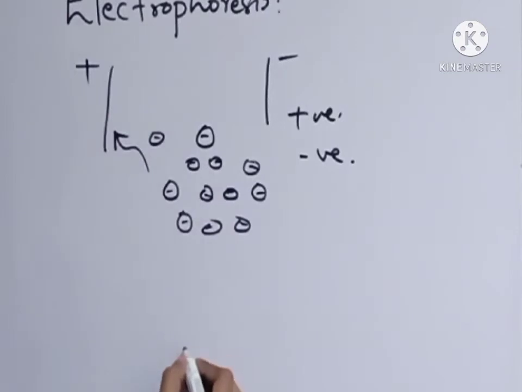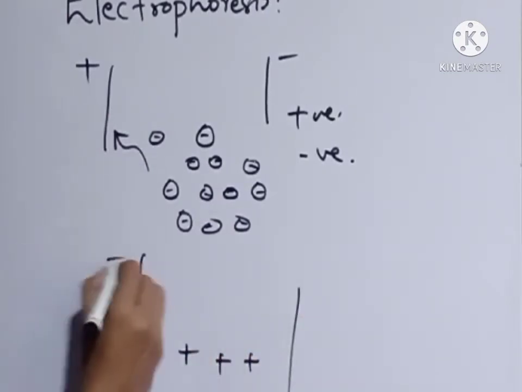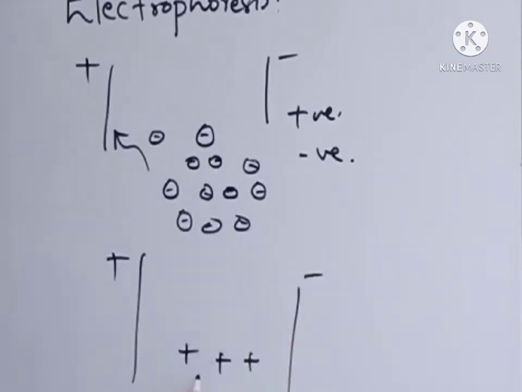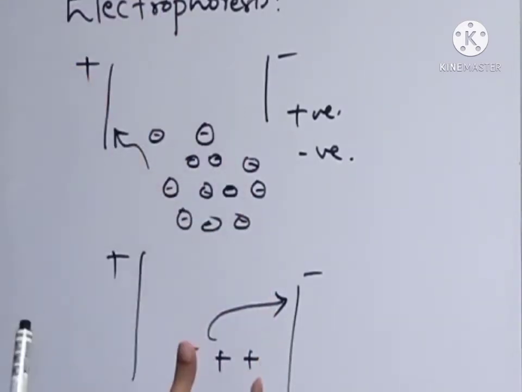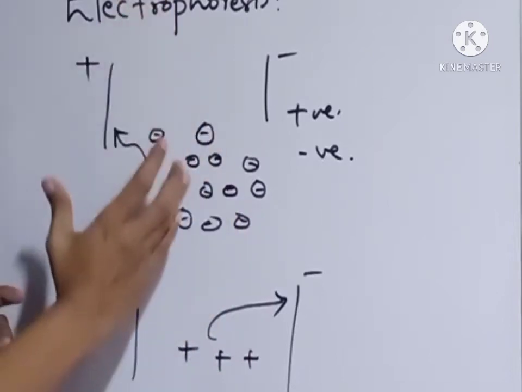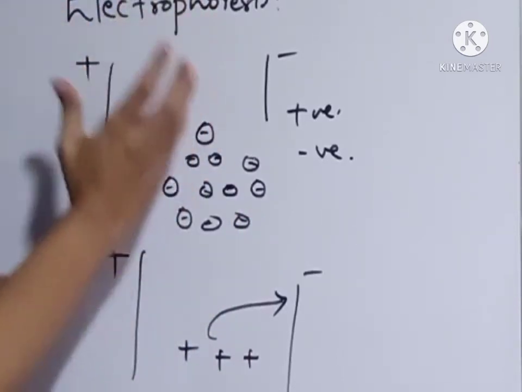If it is a positively charged colloid, then the particles will migrate towards the negatively charged electrode. So, the migration of the colloidal particles under an electrical field is known as electrophoresis.